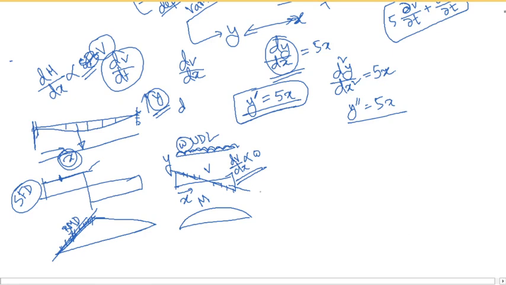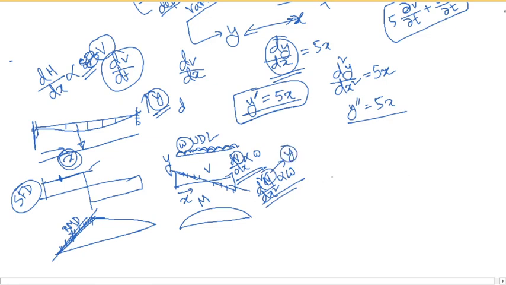So that's why w is constant and uniformly distributed throughout the beam. As we know that V is proportional to dM by dx, we can say d2M by dx2 is proportional to this w, uniformly distributed. So this is a phenomenon where we get this moment M, say y in our case.